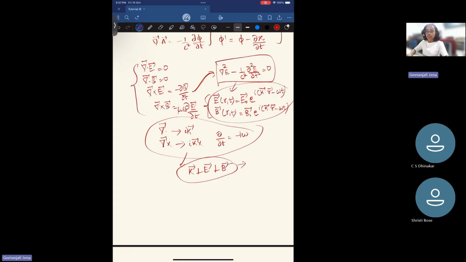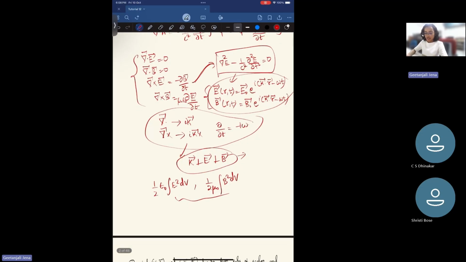For the electric field, you get it by integrating half epsilon naught E square dV, and for the magnetic field, it is 1 by 2 mu naught B square dV. The total is the summation of both the electric and magnetic field energy densities.